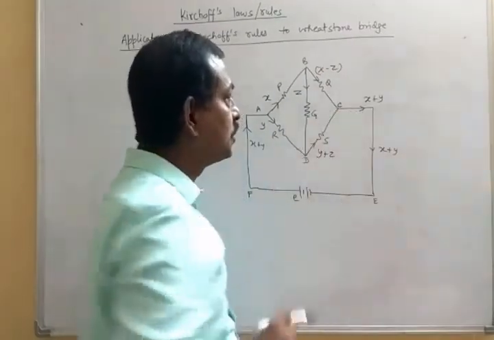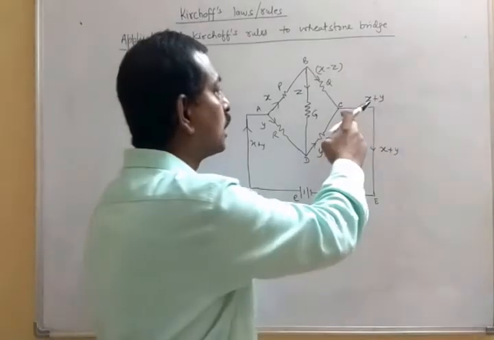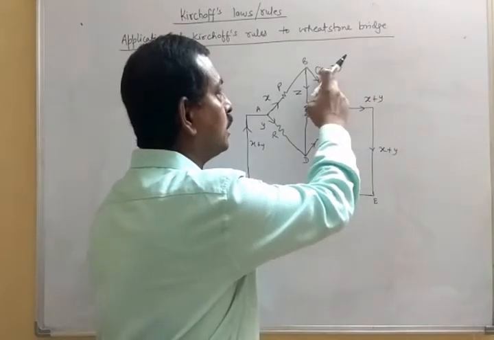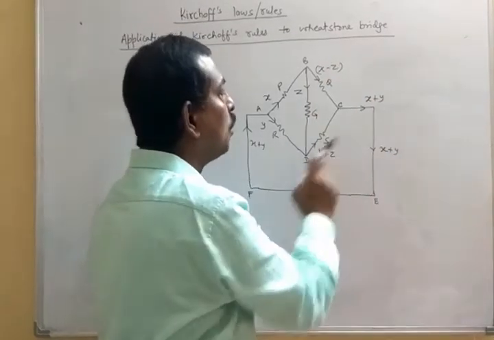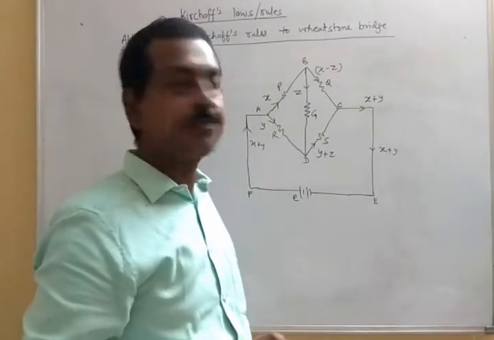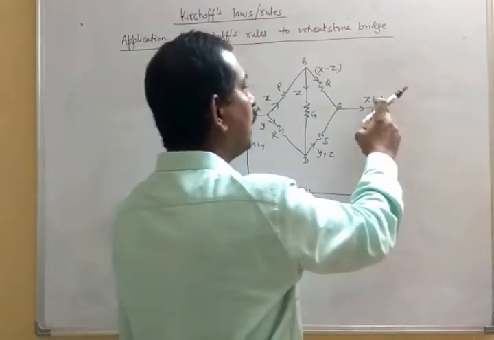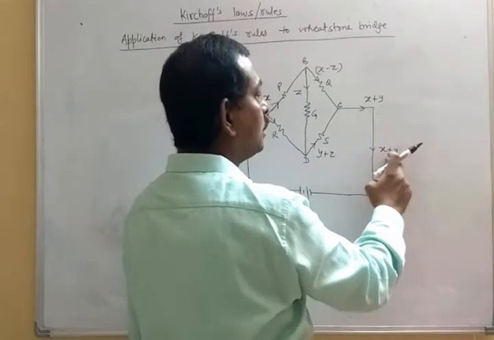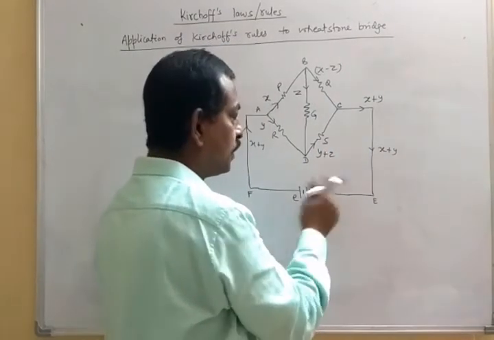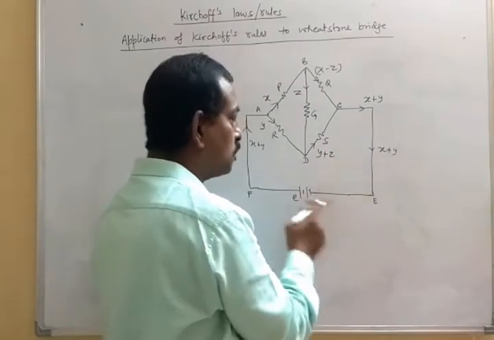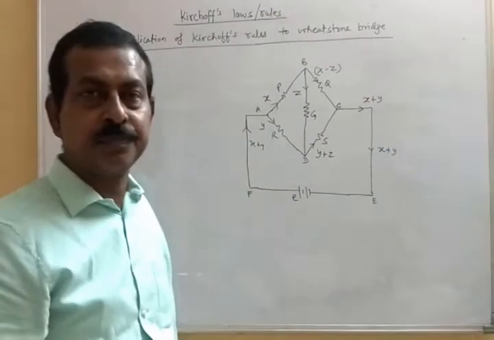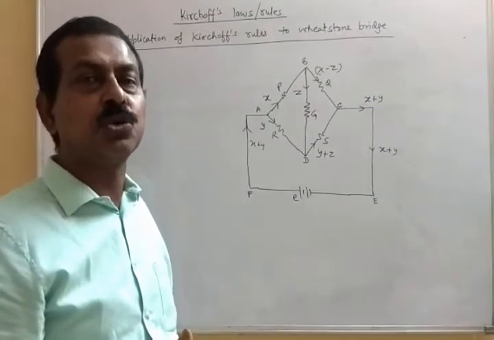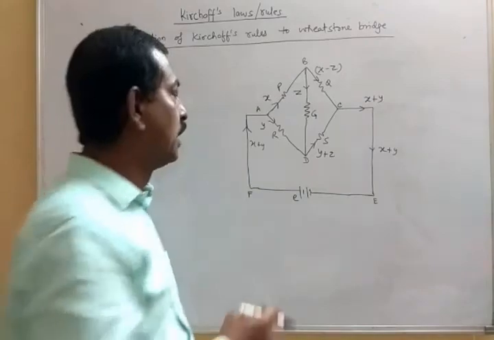Y plus Z is reaching here. So the total current will be X plus Y. It is X minus Z plus Y plus Z. So this is your X plus Y, and current which is reaching at the other end of the source of EMF, or the other terminal of the source of EMF, you can say.